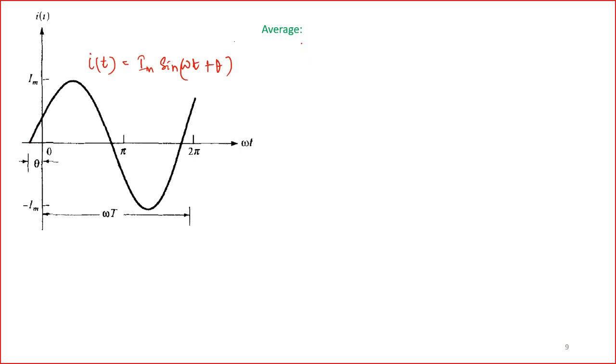Now if I find the average value of this, how will I find it? For average value we have a formula, that is 1 by T integration 0 to T f(t) dt, right?